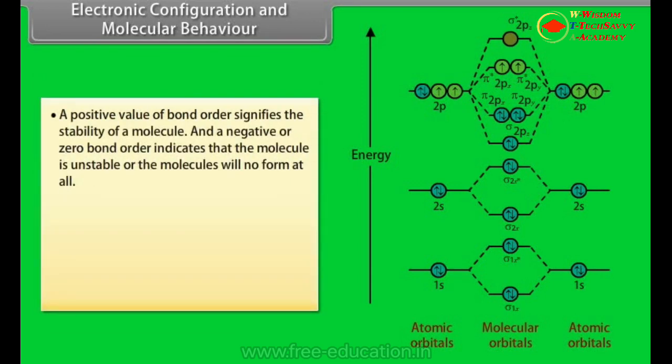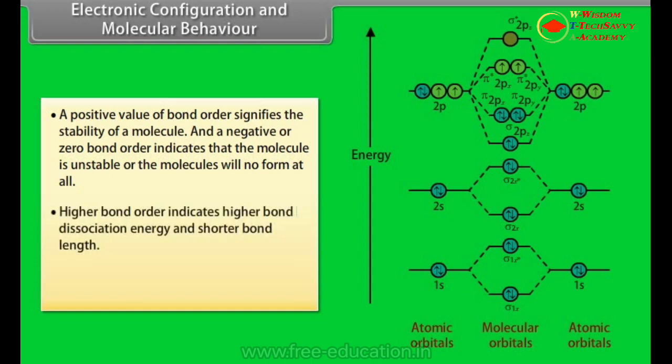A positive value of bond order signifies the stability of a molecule, and a negative or zero bond order indicates that the molecule is unstable or the molecules will not form at all. Higher bond order indicates higher bond dissociation energy and shorter bond length. Bond order indicates the number of covalent bonds in the molecule.